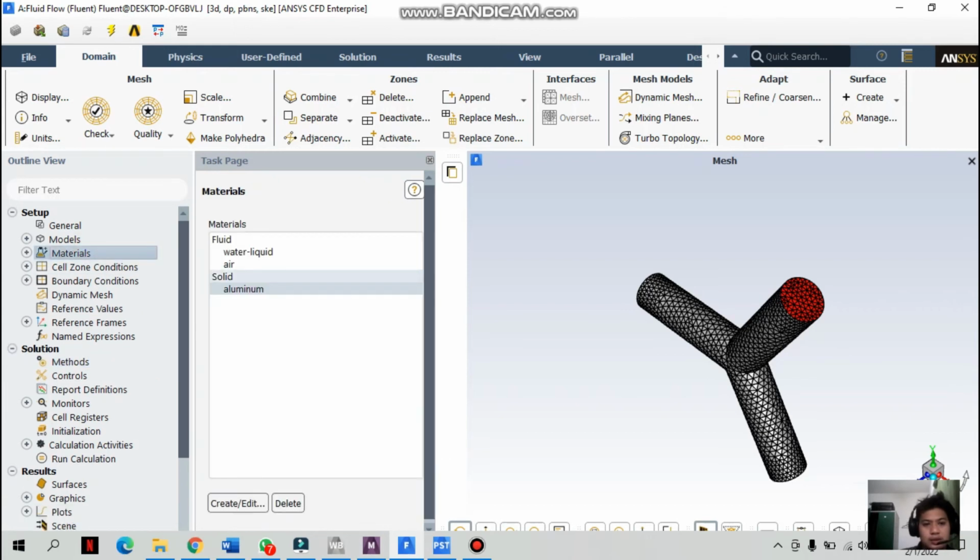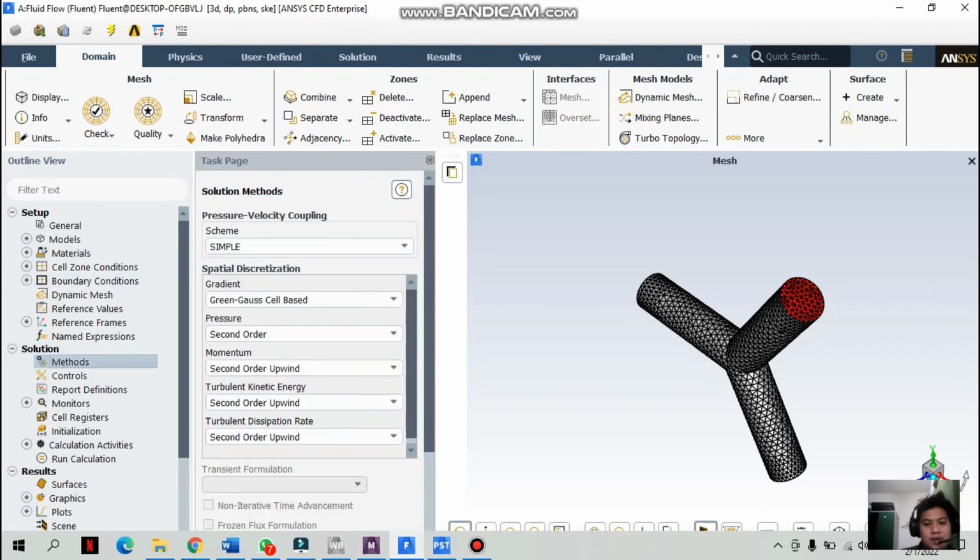For material, same as the L pipe, which is water liquid, and aluminium because it still does not have a rubber pipe. We use aluminium because it is affected by the data from the experiment. For the method, it is the same. We choose green-gauss cell based, pressure second order, momentum second order upwind, turbulent kinetic energy and dissipation rate second order upwind.